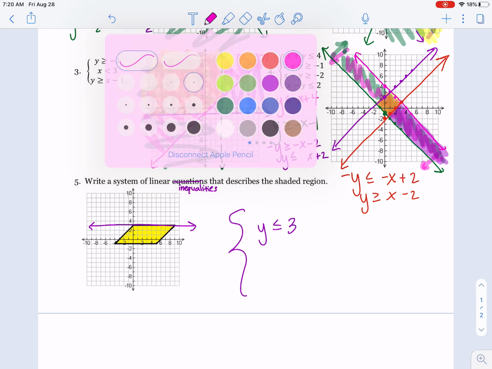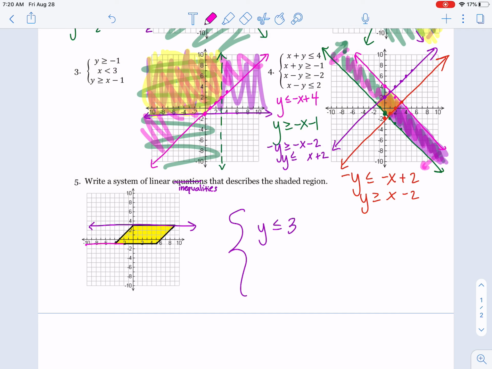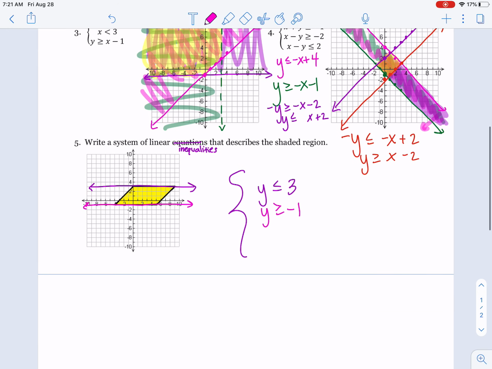So if we keep that easier lines, I also have a horizontal line at y equals -1. And I am interested in what's above that. And it was a solid line. So I have that or equal to as well.